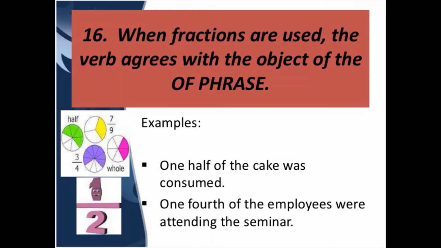Next rule, rule number 16. When fractions are used, the verb agrees with the object of the "of" phrase. Examples: one half of the cake was consumed. One fourth of the employees were attending the seminar. So in the first example, the verb used is "was." Why "was" and not "were"?